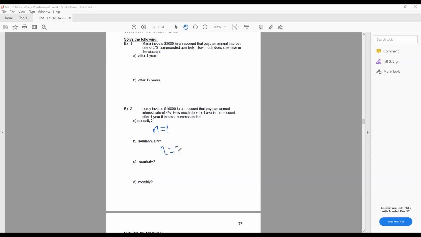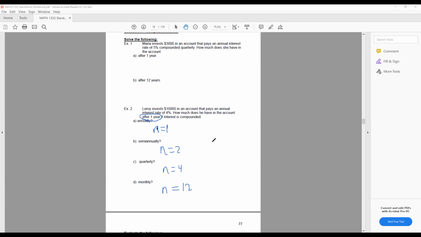Semi meaning twice a year. Quarterly is 4. Monthly, which is 12 months in a year. So remember, n is how many times you compound in 1 year. They only want to know how much money you're going to have in 1 year. So time will be 1.